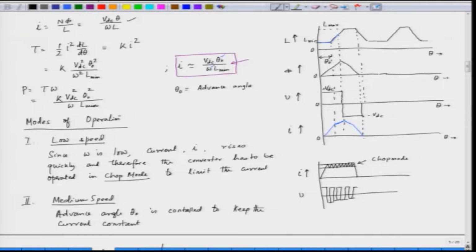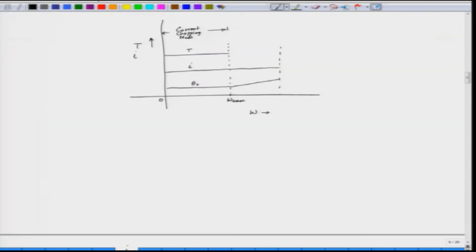So, T omega is kept constant. So, the power is given by theta naught square. So, the power is kept constant. So, in this case this is constant power.